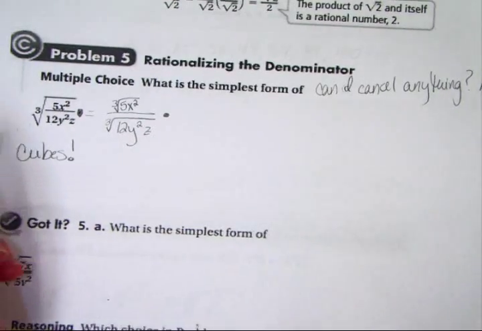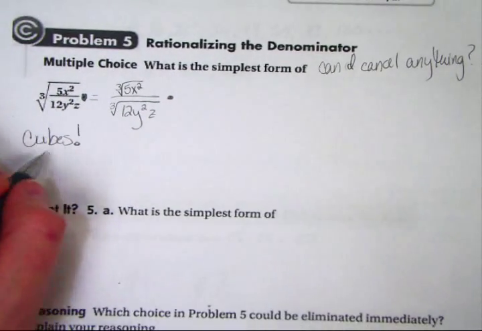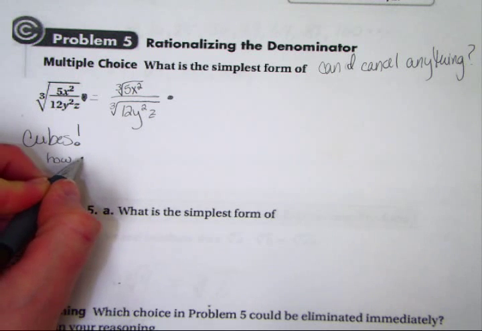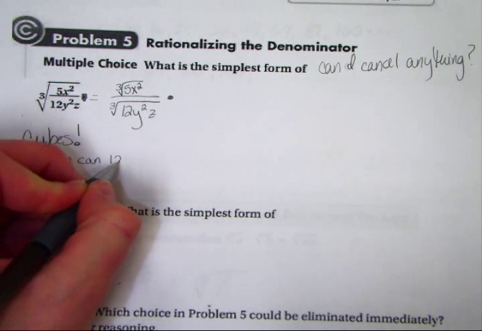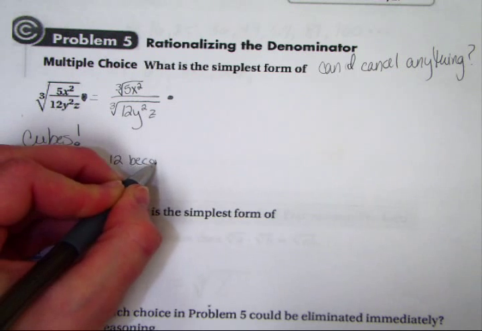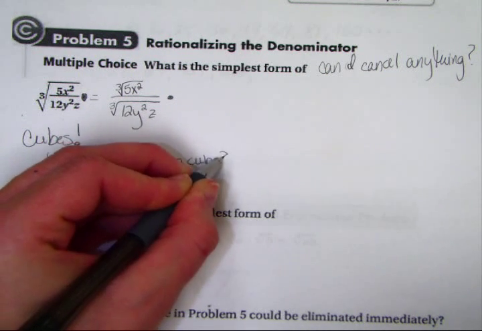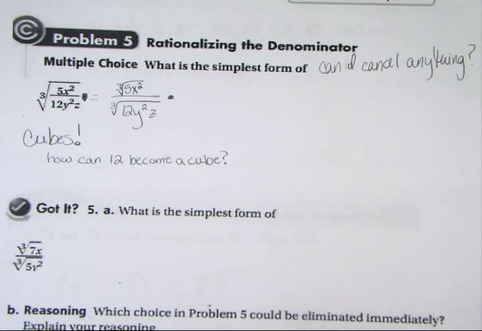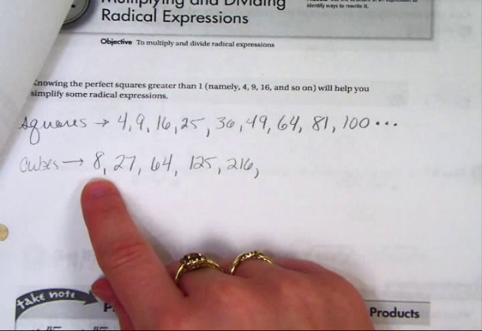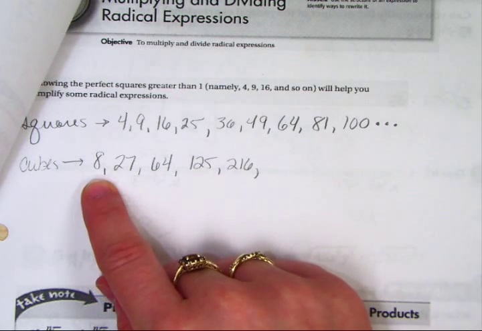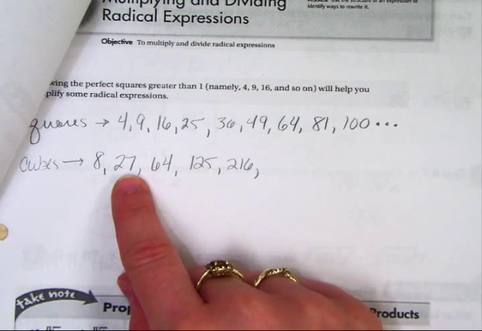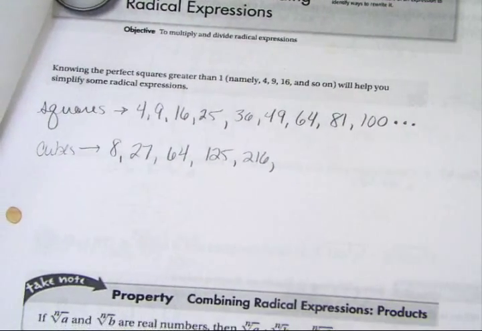Look at the questions. You have to kind of mentally check yourself. How can 12 become a cube? Write that question down. How can 12 become a cube? Well, let's look at the cubes up front. I have 8. Well, 12 definitely cannot become an 8. I have 27. 12 can definitely not become a 27.